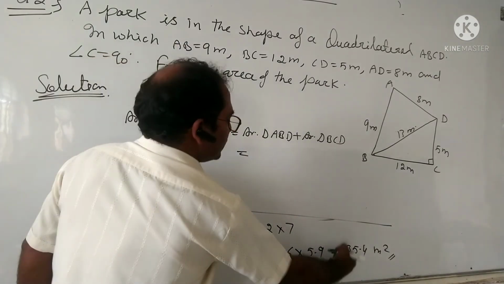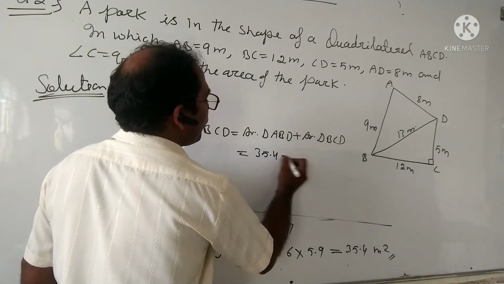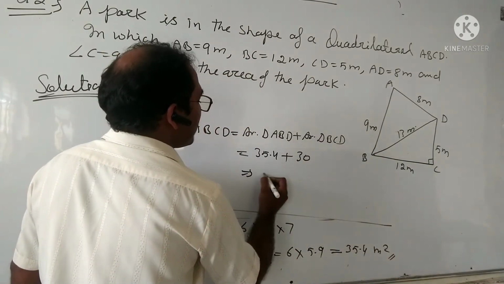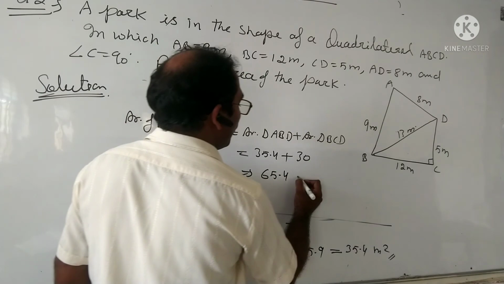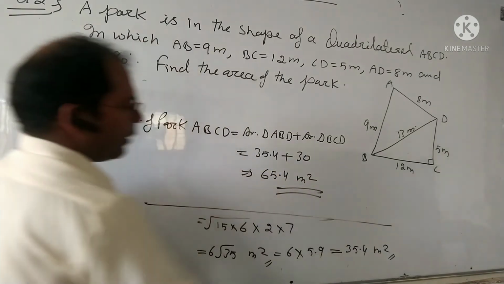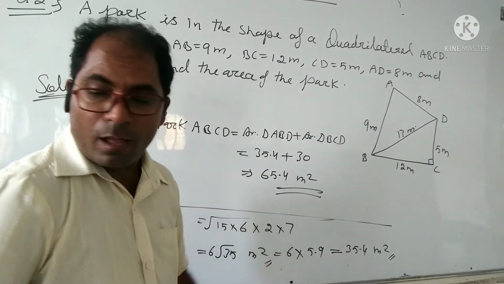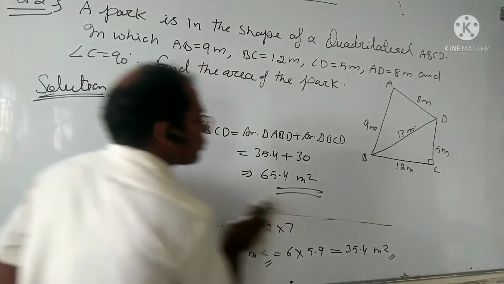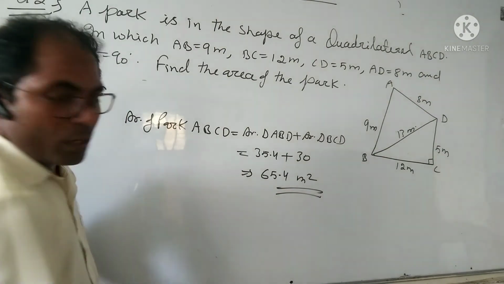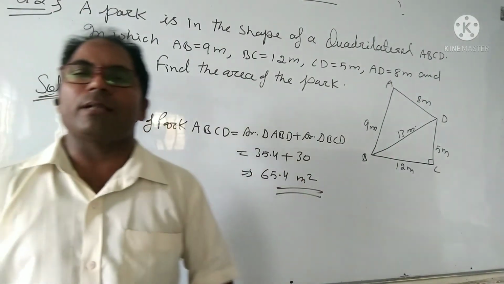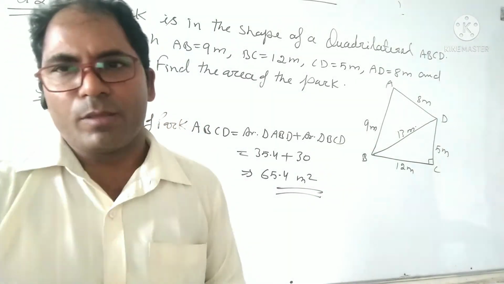ABD is 35.4, BCD we found was 30. So that answer will be 65.4 meter square. And this is the area of the park. This is the way to solve these questions, and many more questions are there with diagrams. So you can use the same method and find the solutions. Okay, all the best.